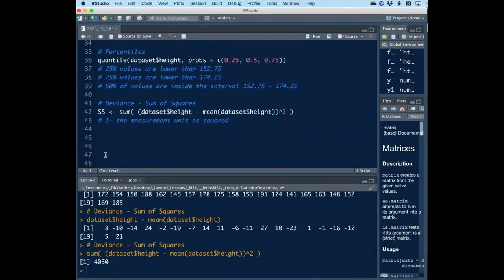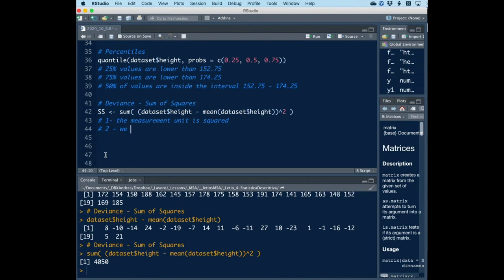And the second problem about the deviance, too, is that, of course, if we have two data sets with a different number of individuals, well, when we have a high number of individuals, the deviance is high. And when we have a low number of individuals, the deviance may be low, just because we have a lower number of values to sum up, a lower number of squares.